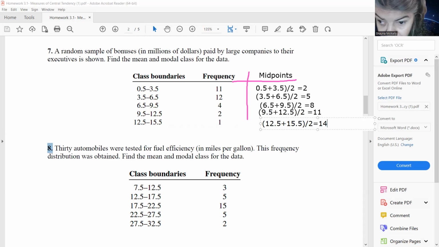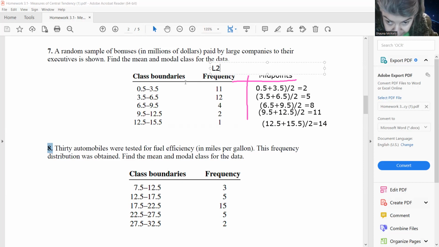Those are my midpoints. Now, what do I do with that? Well, these midpoints are going to be your L1, and the frequency is going to be your L2. So your midpoints are going to be in L1, and your frequencies are going to be in L2. Now, I'm going to give you a moment to work on that while I scribble down frequencies for our next step.